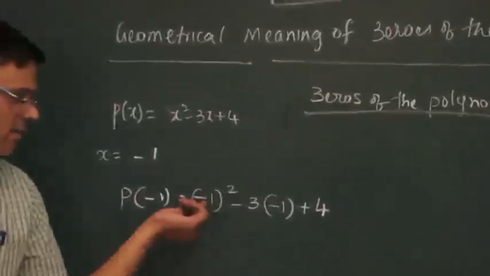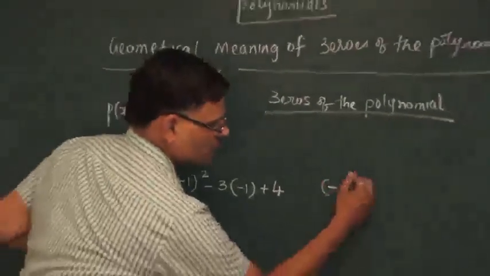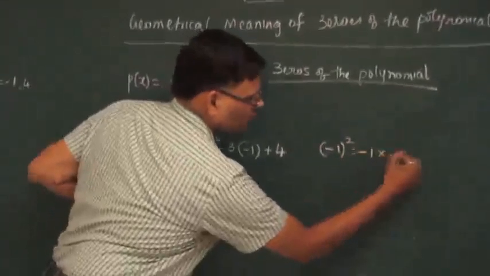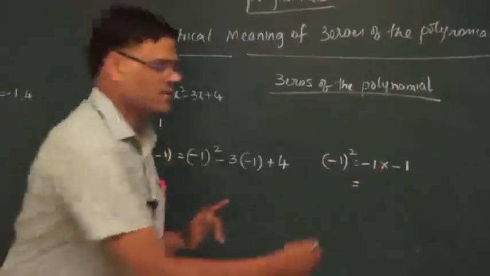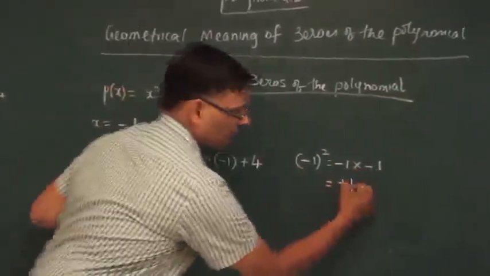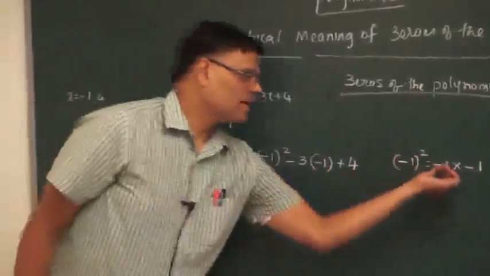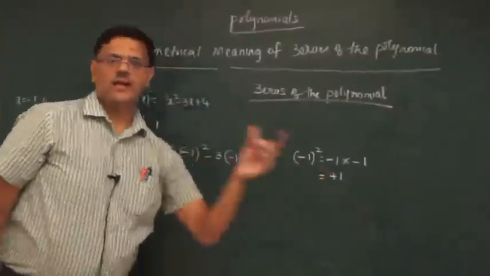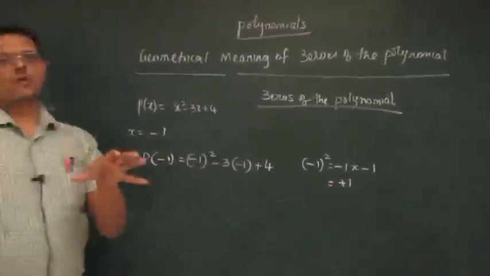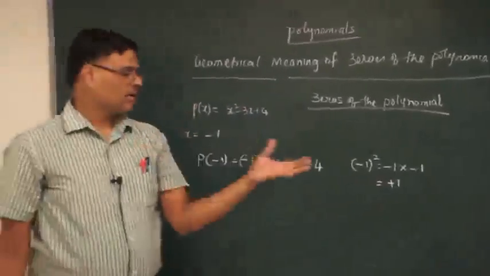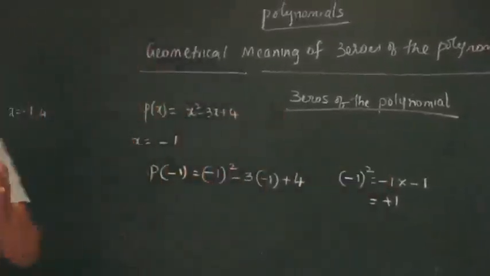See, minus is multiplied 2 times. Minus 1 whole square is equal to minus 1 into minus 1. So minus into minus is plus, 1 ones are 1. So this is one way: we can multiply minus 1 into minus 1 and write plus 1. In the other way we can say that any negative number, if it is raised to an even power, is always positive.